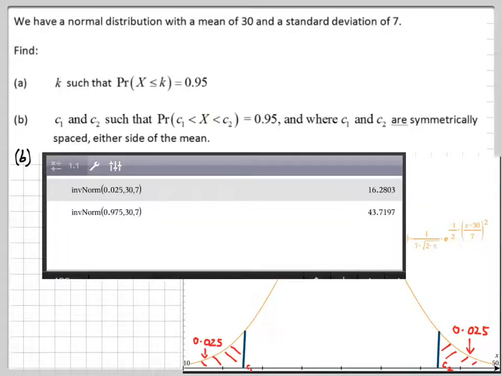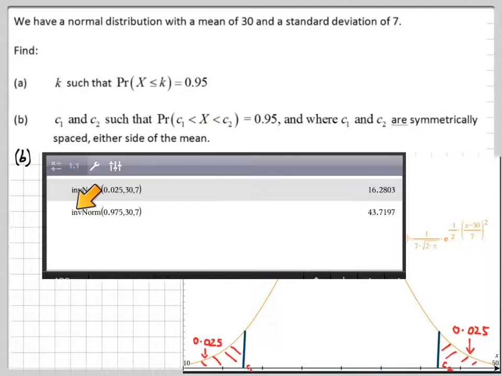Alright, so if you do that, what do you get? I've done both of them for you. Inverse normal. That first one is the inverse normal of this is my area, that's my mean, that's my standard deviation, and I get 16.3. Okay, that's not a very high score.